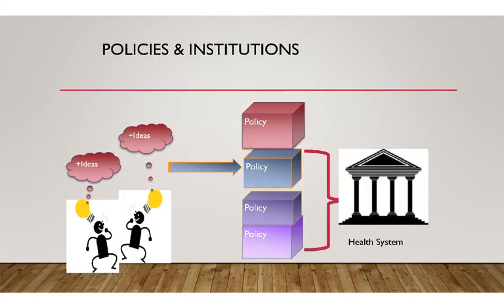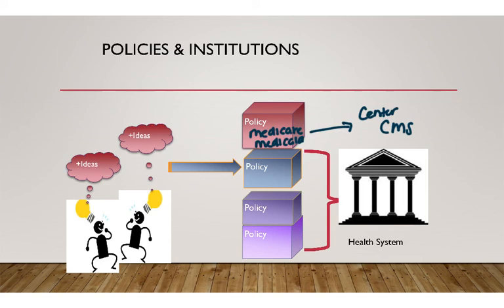So you may be wondering how these policies and institutions came together to create the U.S. health system. Well, it was policies that created Medicare and Medicaid, which then led to the creation of an institution, an agency in the federal government called the Center for Medicare and Medicaid Services, or CMS.